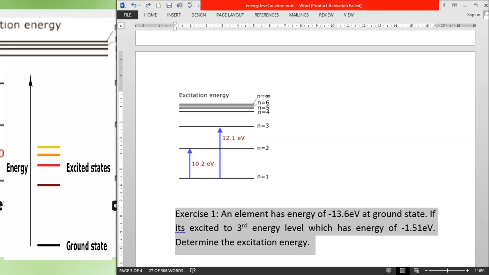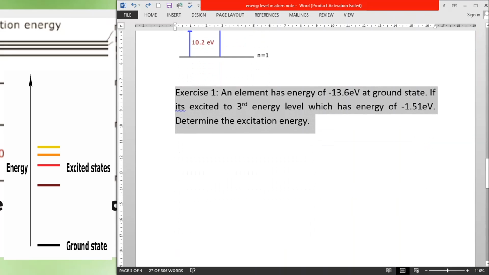If it is excited to the third energy level, which has an energy of minus 1.51 electron volts, determine the excitation energy.